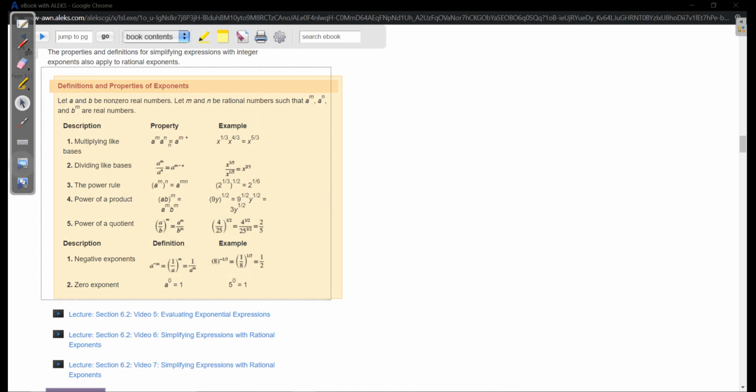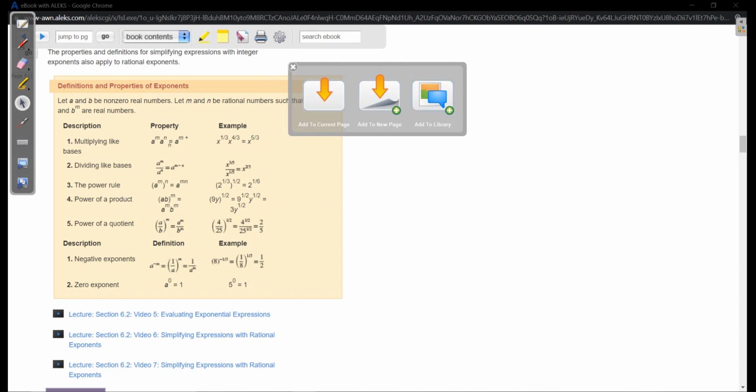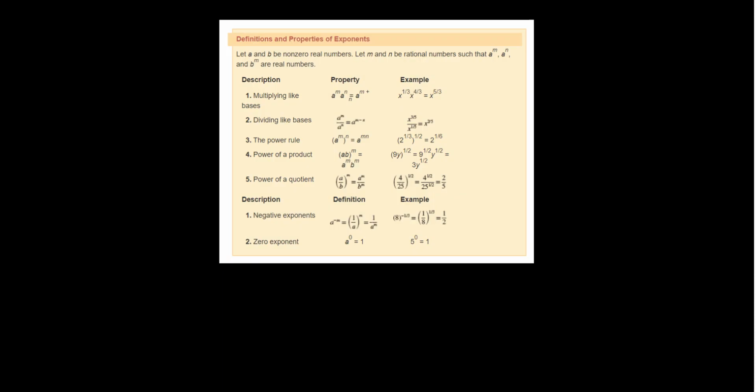All right, so this is the definitions and properties of exponents. Everything kind of looks okay. It just looks a little smushed. So let's move this over to the left and maybe correct some things over to the right.